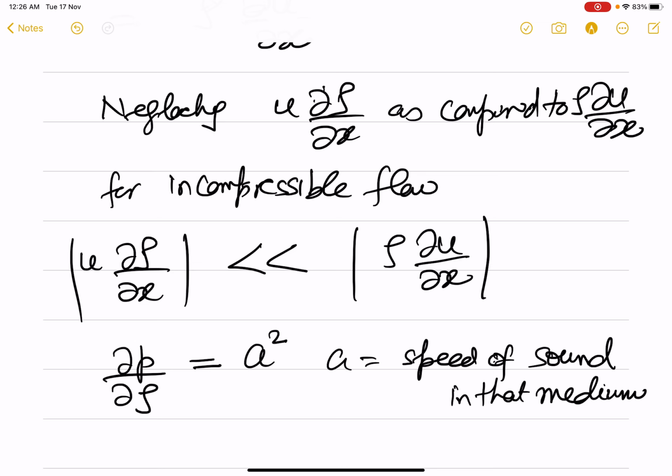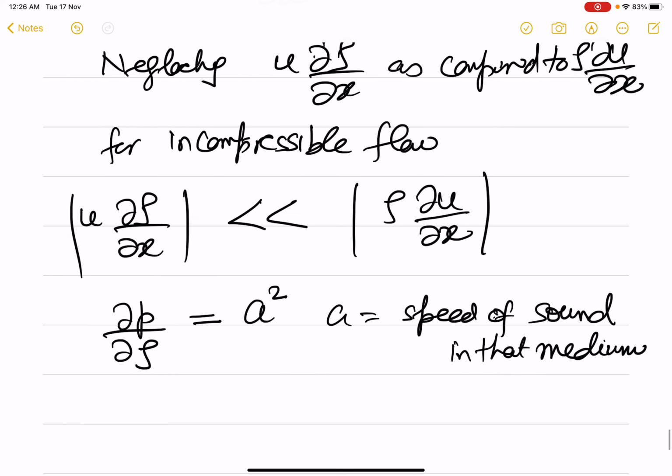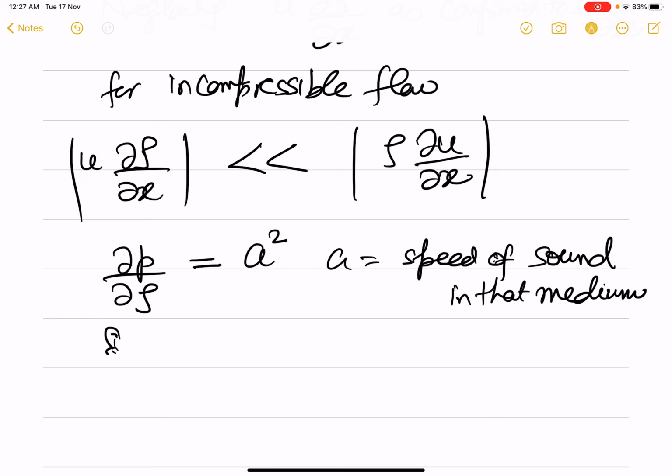Now you must be suddenly wondering where the speed of sound has come, and we will tackle this when we talk of the compressible flow. But right now you'll have to take this, that partial p by partial rho, that means delta p by delta rho, is of the order of a square.